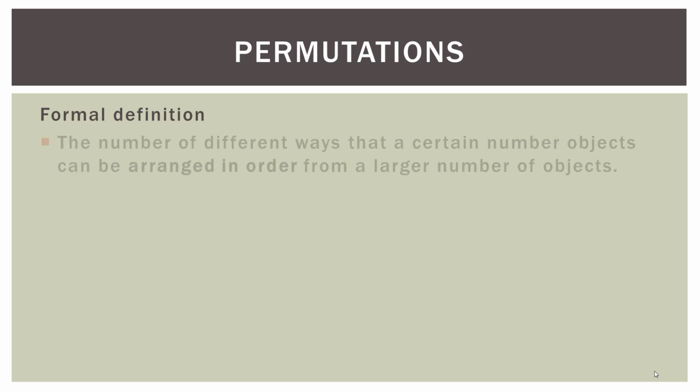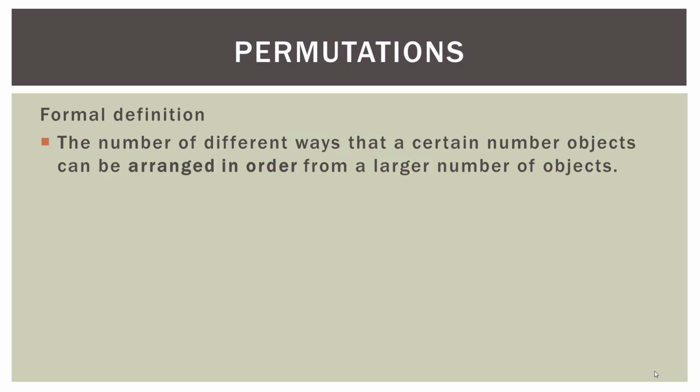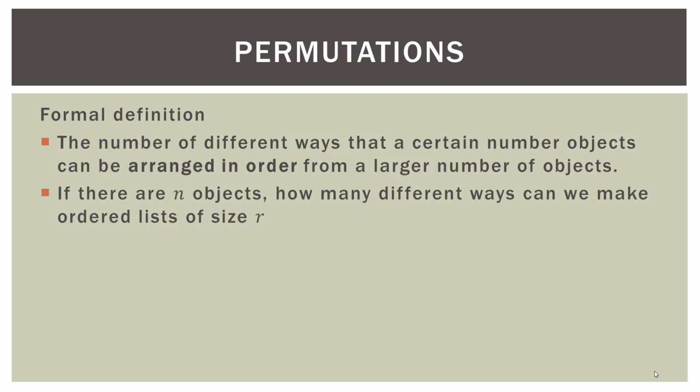So first, let's talk about what a permutation is. Here's the formal definition. It's the number of different ways that a certain number of objects can be arranged in order from a larger number of objects. I highlighted there, arranged in order, because that's important.